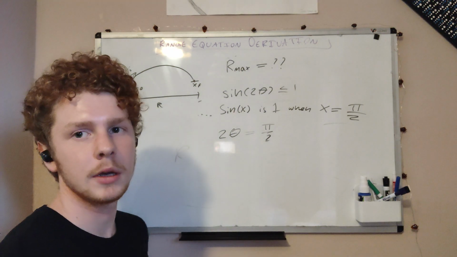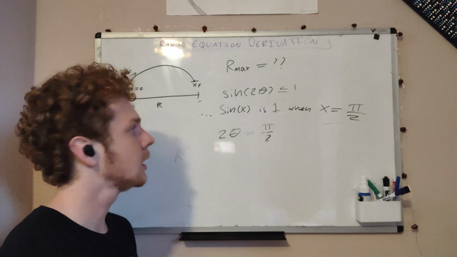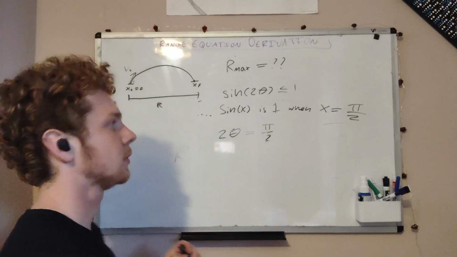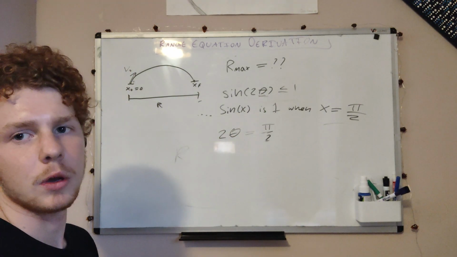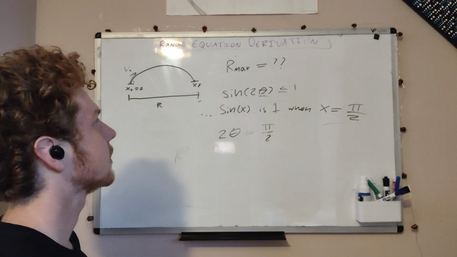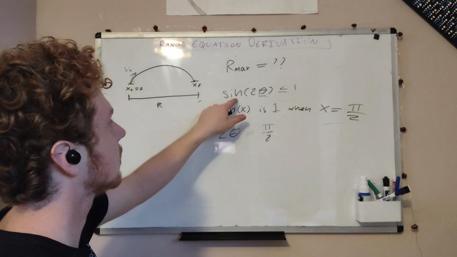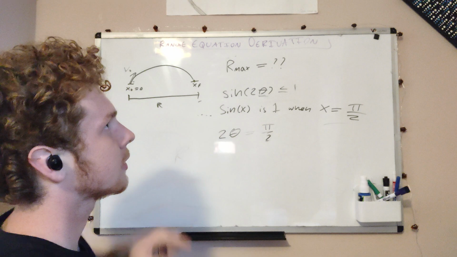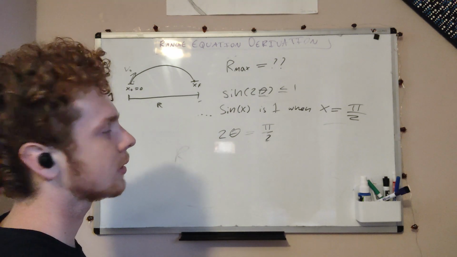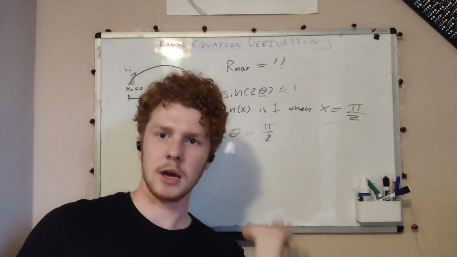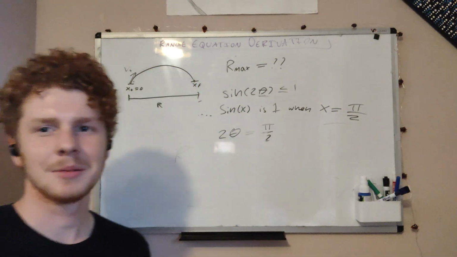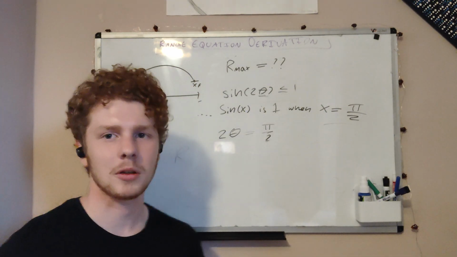Because if we were to do pi over 2 as the release angle, it'd be kind of weird, right? Because then this would be maximized to the sine of pi, which is to the left. So it's not all great.